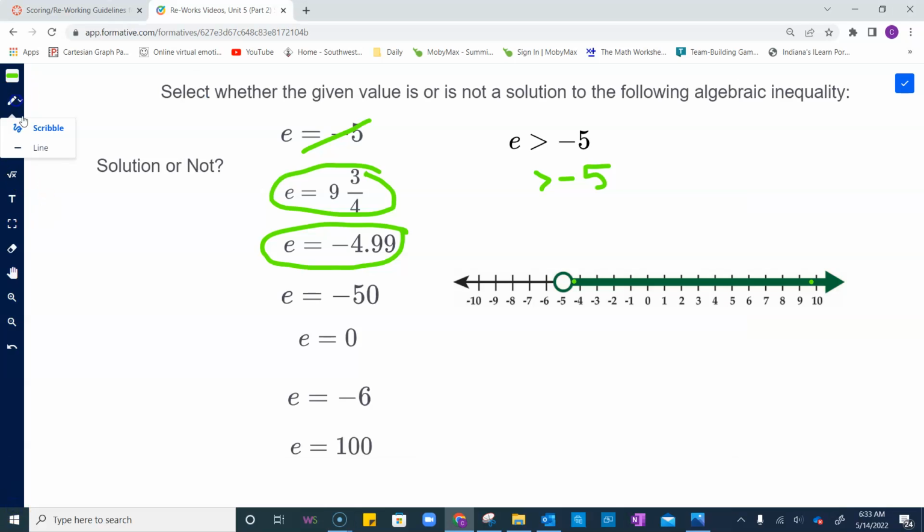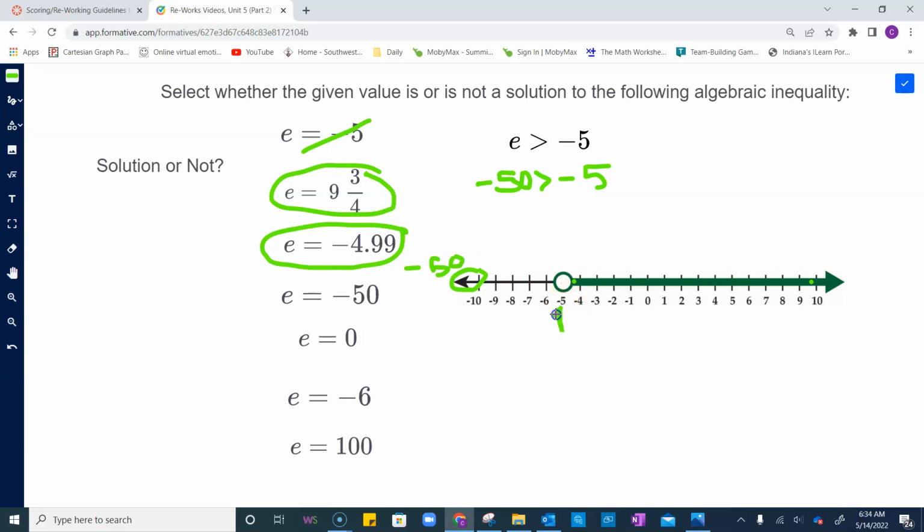All right, so the next one, if we plug it in, we're on -50. If e is -50, and we read it left to right, -50 is greater than -5. So we look at our number line, and we realize that -50 is going to be past this arrow, further down on the left of that number line.